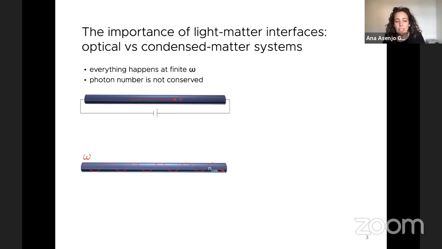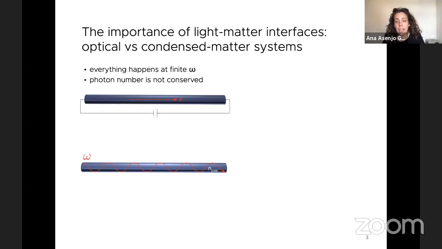Just for the sake of comparison with condensed matter systems, I want to give an overview of the differences between a photonic or optical system and a more traditional, let's say, quantum matter system. In the case of an optical system, everything happens at a finite frequency.